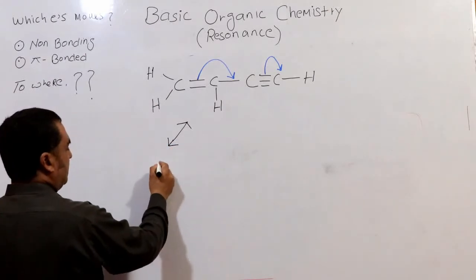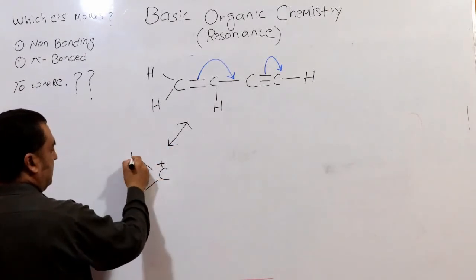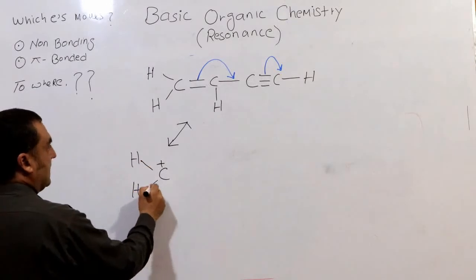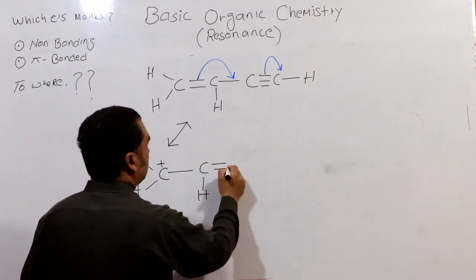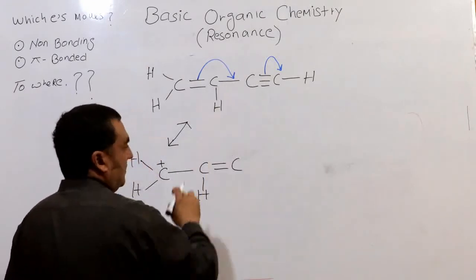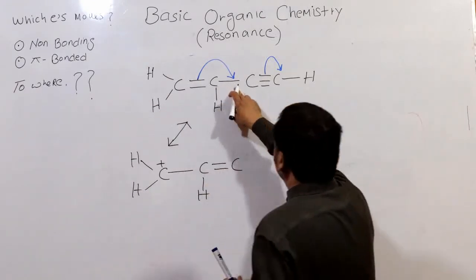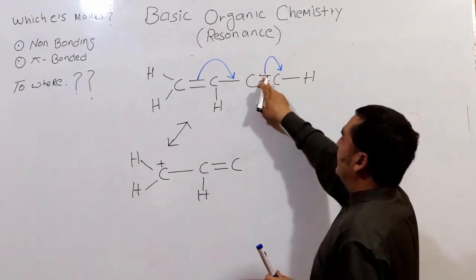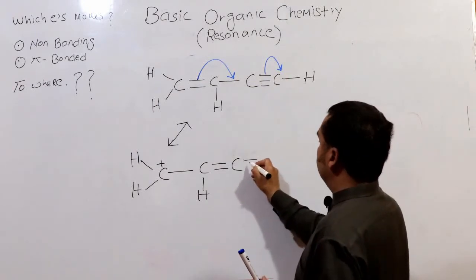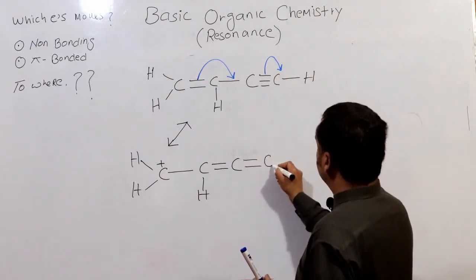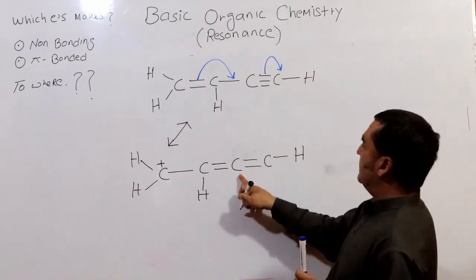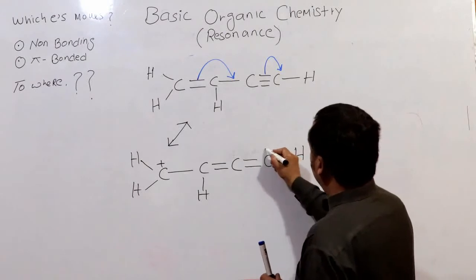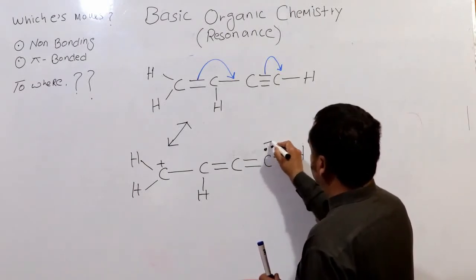Now the electron left this, and a double bond appears here, but here one bond moves and another double bond is left, and here is an H. As the valency of this carbon is satisfied, now what happens? A negative charge will sit here.